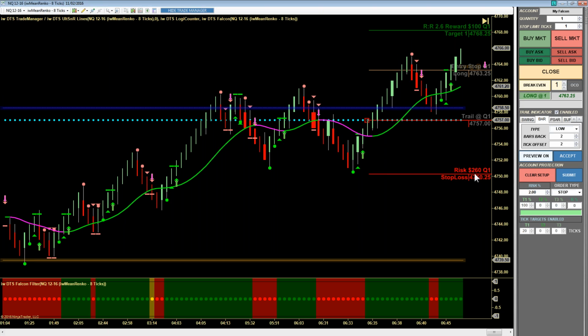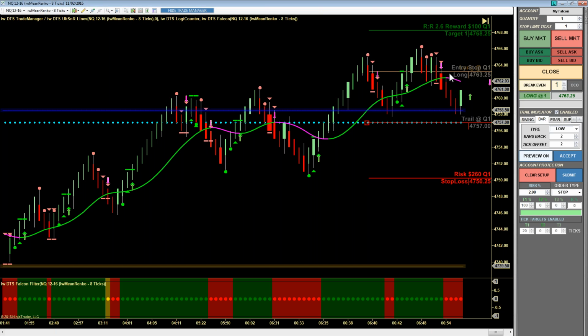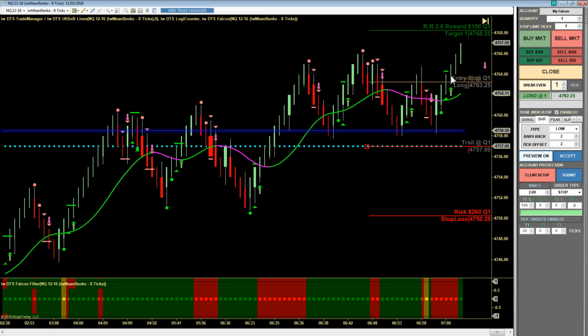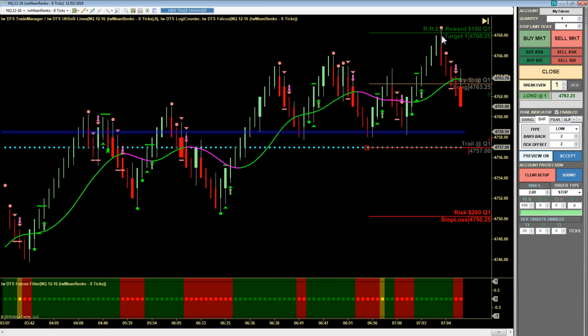Oh, so it looks like I only have $260 at risk. So I'm actually only going to end up getting stopped out for 0.5% of my capital. But that's beside the point. So I'm looking at a high probability signal. The market gives me some heat, and it eventually goes up and hits my profit target.